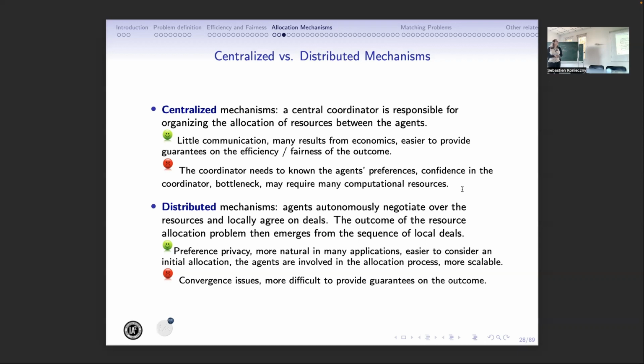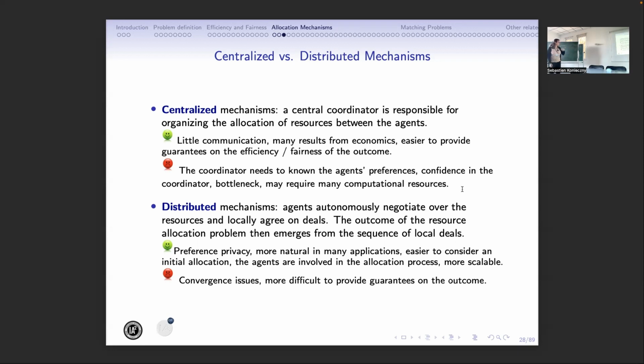In many real scenarios, if you have to allocate resources among companies, companies won't be willing to communicate all their preferences on the resources you may have to allocate to them. So the agents may want to keep their preferences as private information, and they may not have full confidence in the coordinator.